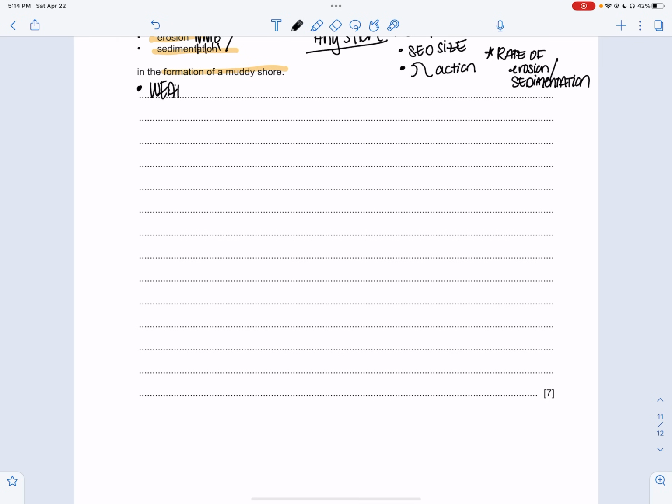Definition: weathering is the breakdown of rocks or sediments. In a muddy shore, it's not happening. The way that sediment got that small is because it was weathered at another location, but it's not currently experiencing any weathering. Sandy shores too.